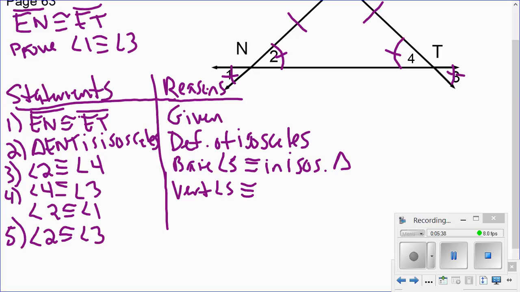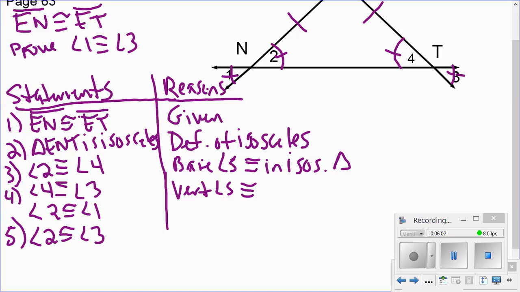Now, there's a property you learned early on in math called the transitive property, which was really just dealing with numbers. So if x is equal to y and y is equal to z, then that means x is equal to z.